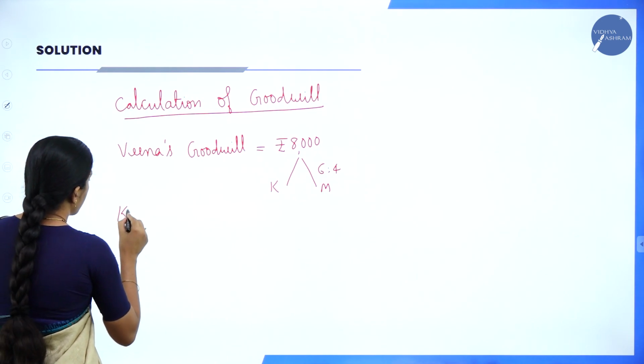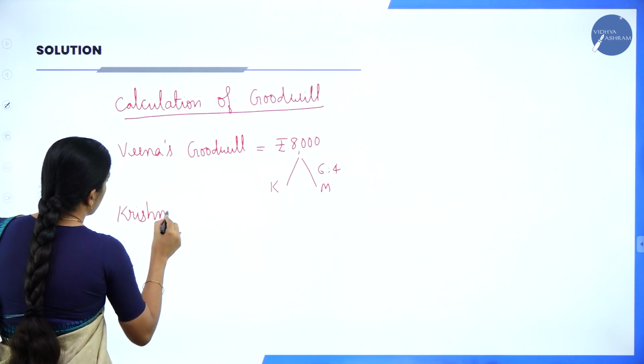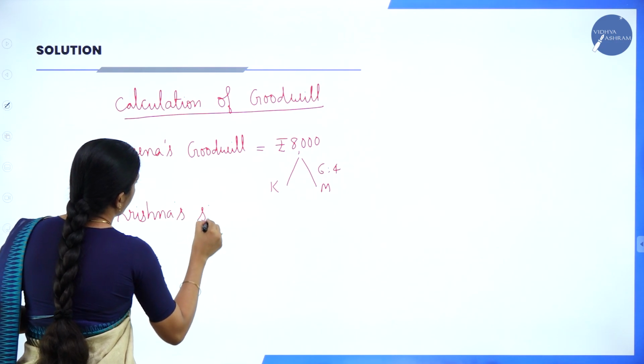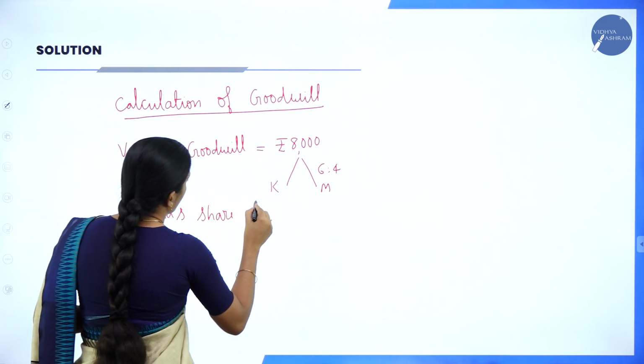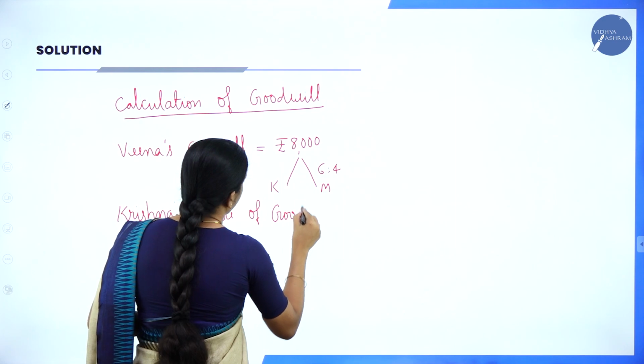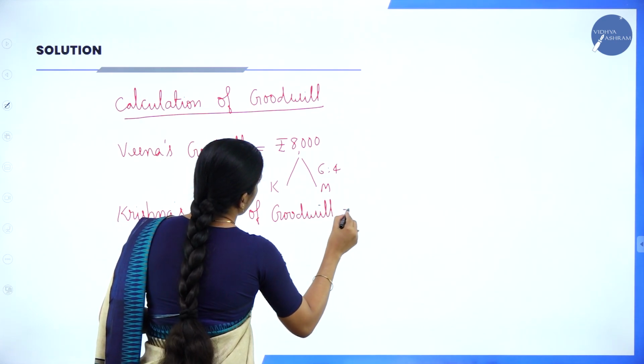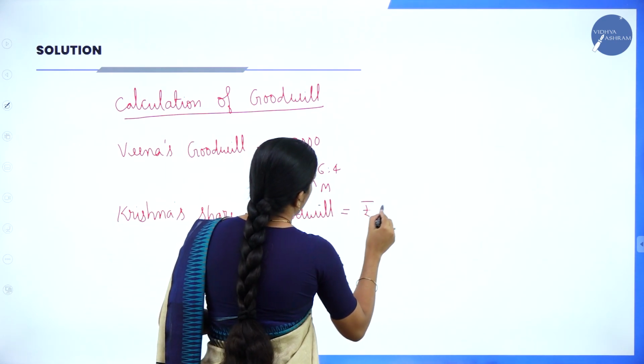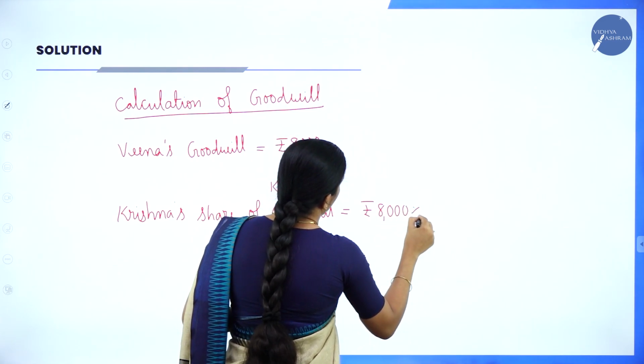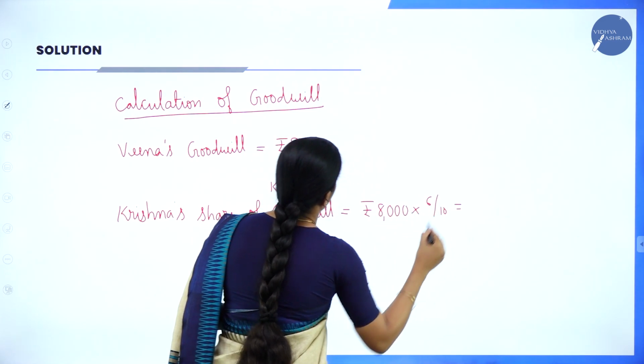Now Krishna's share of goodwill is equal to rupees 8,000 into 6 divided by 10.